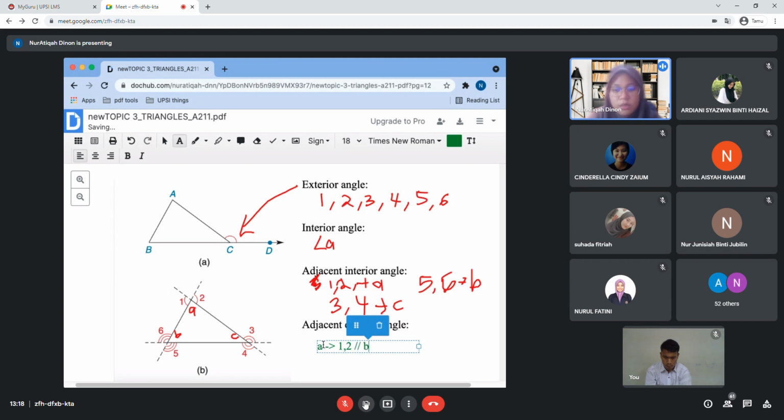Adjacent interior angles for B is 6 and 5. And adjacent exterior angles for C is 3 and 4. Okay, so we already know all of this, kan?